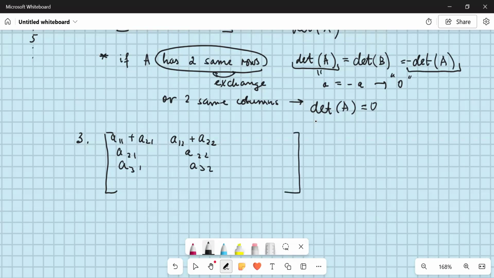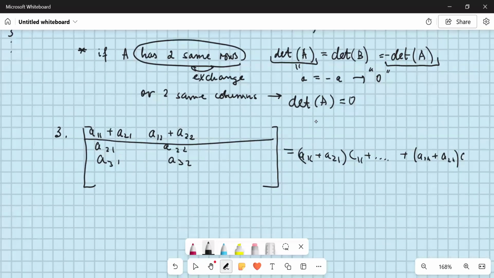Now, guys, I'm going to use expansion by the first row, and that's going to give me (A11 plus A21) by C11 plus... those C's are not going to know that you did this separation on the first row. Why? Well, because the rest of the matrix is not disturbed by this separation. Up to (A1n plus A2n) by C1n.